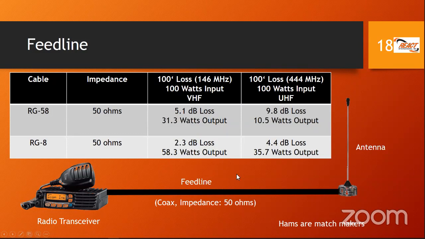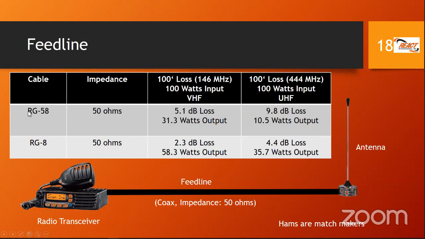So we need to connect our antenna to the radio. The cabling that's used to connect our radio to the antenna is called the feed line. One of the most popular types of feed lines that we use in amateur radio is called coax or coaxial cable. And for the technician class, we need to be aware of the type of cable that we're using and some of the properties of that cabling.